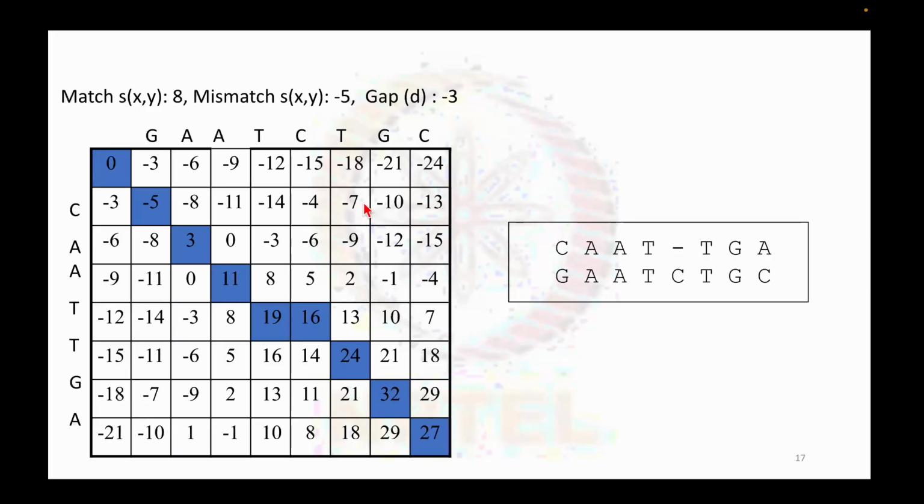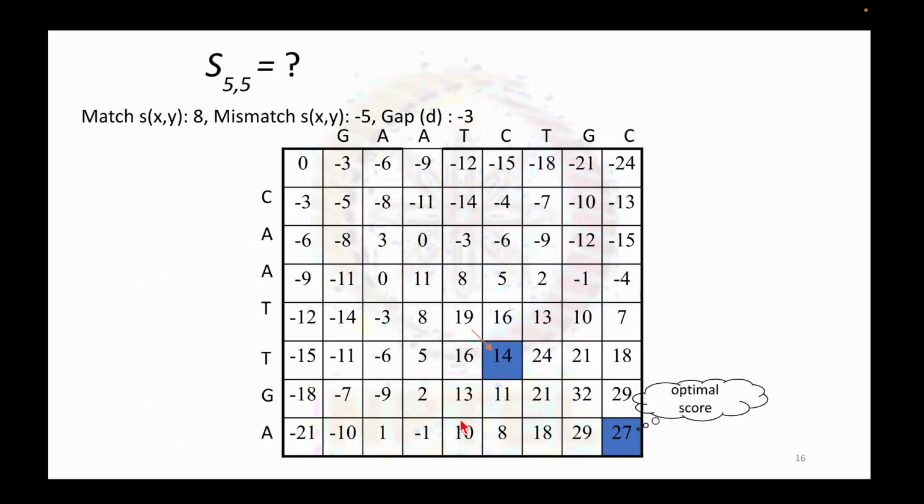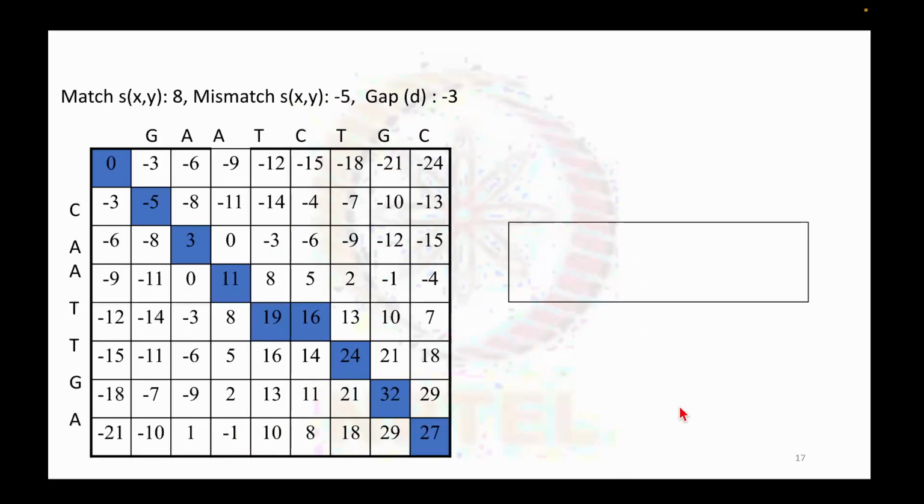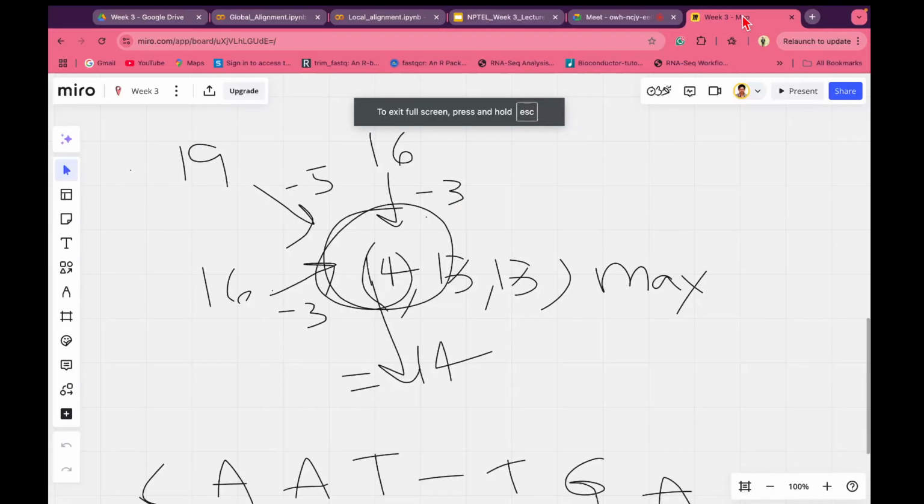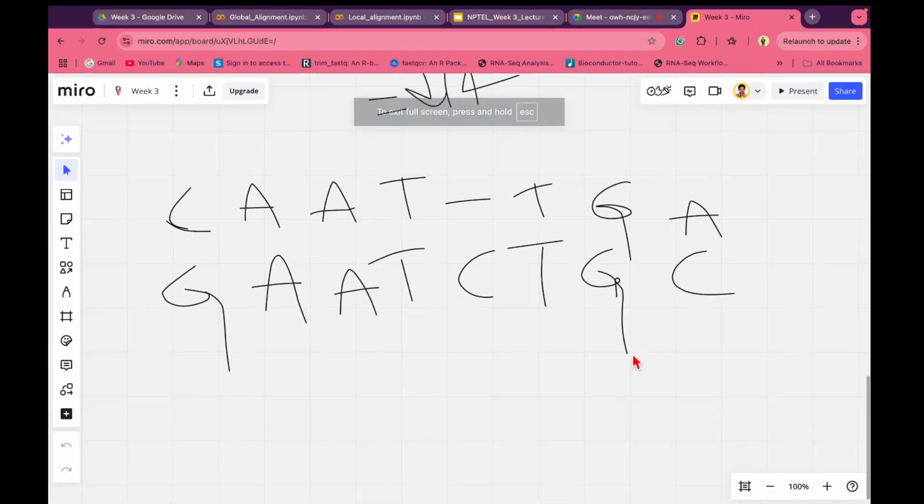Okay, if you have your constructed matrix here, as we discussed previously, this is the optimal alignment score. So the score for this alignment is 27. Let's see whether it's 27 or not, given the values.